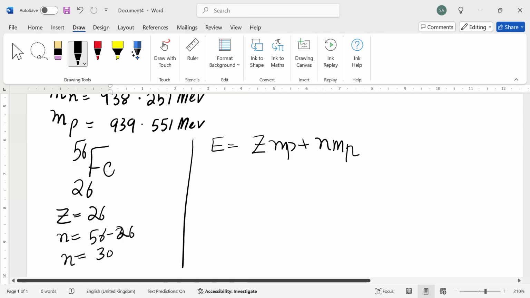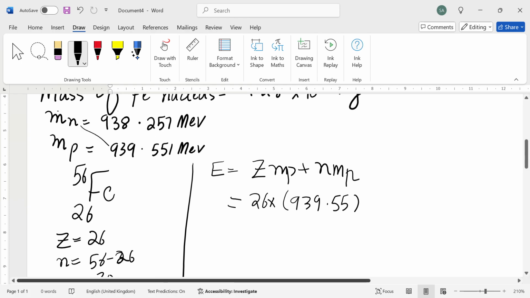The atomic number here is 26. The mass of protons in electron volts is given as 939.551. Sorry, I have used it wrongly. That is the mass of the neutron; this is for the mass of the proton.